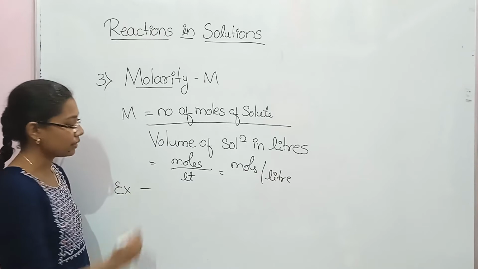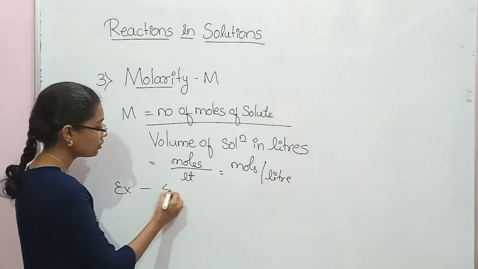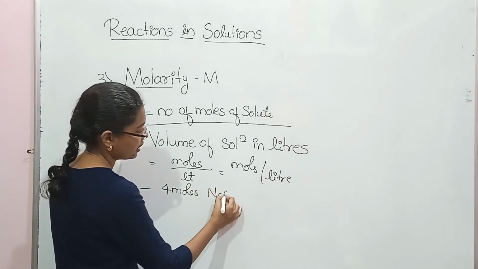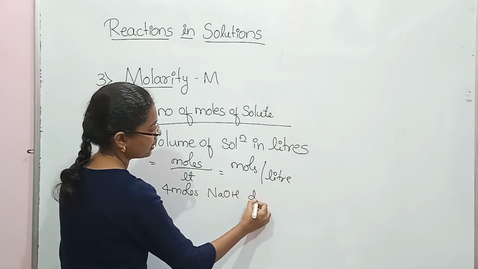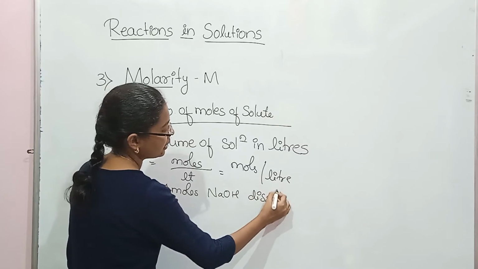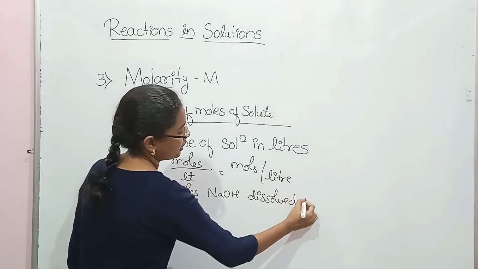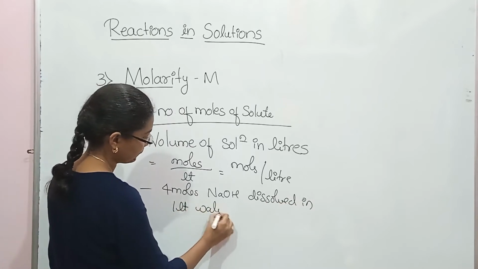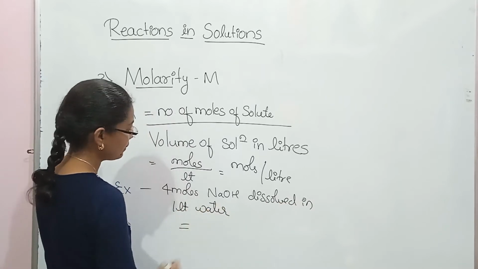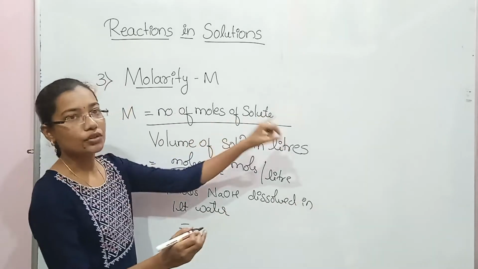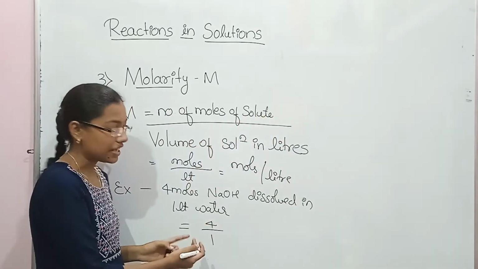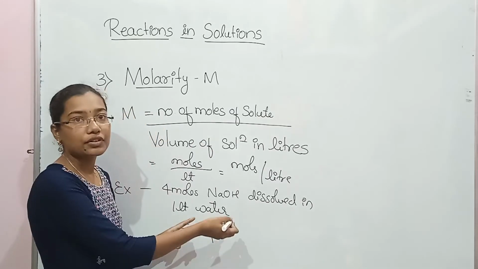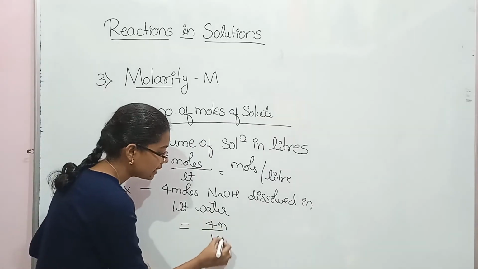We'll take one example. You take 4 moles of NaOH dissolved in 1 liter of water. Then the number of moles of solute is 4 moles of NaOH, which is dissolved in 1 liter.